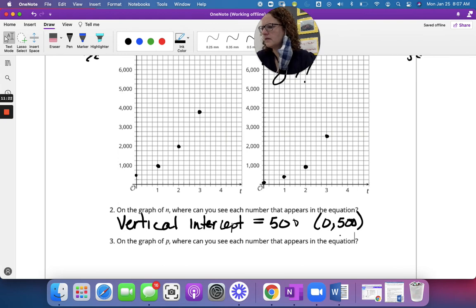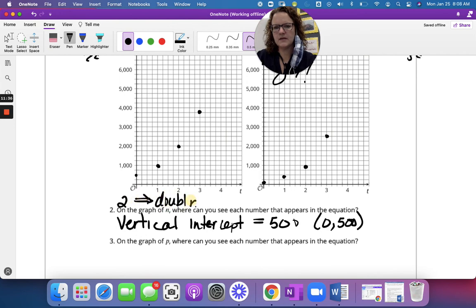The vertical intercept. The 2 is a doubling. Okay? And then I ran out of room because my pen's too thick. Is the doubling of the initial value, which is 500.